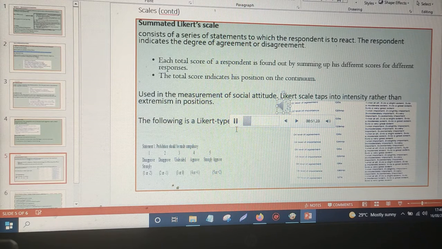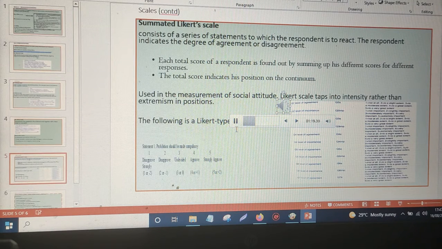Or alternatively, you can say strongly disapprove minus 2. You can say disapprove minus 1.